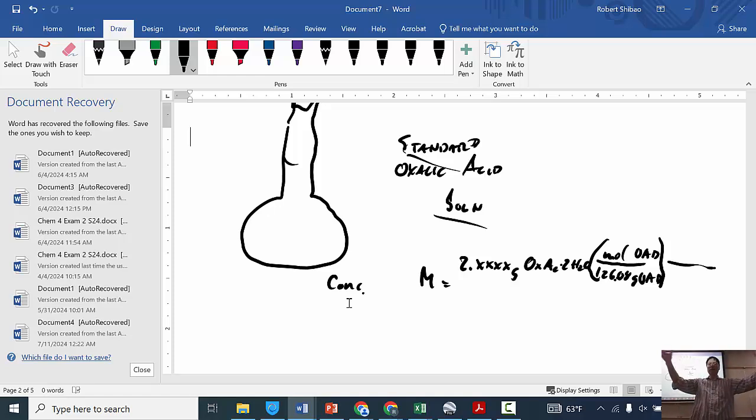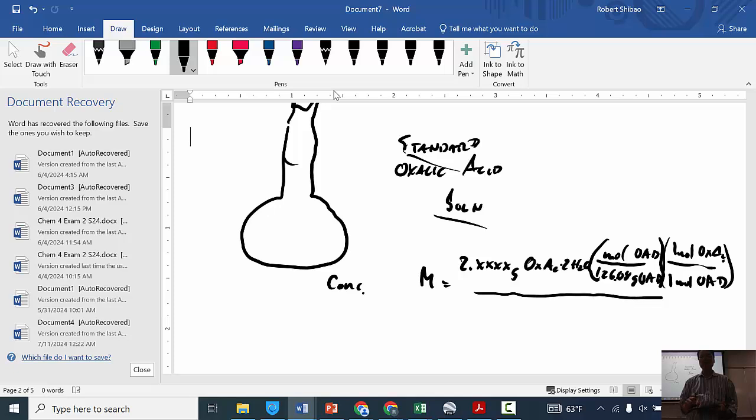You know, when you break apart the jail that holds the water molecules in there, the waters are free. And then what we end up with is a mole ratio. 1 mole of oxalic acid per 1 mole of oxalic acid dihydrate. And so this gives me moles of oxalic acid pure.